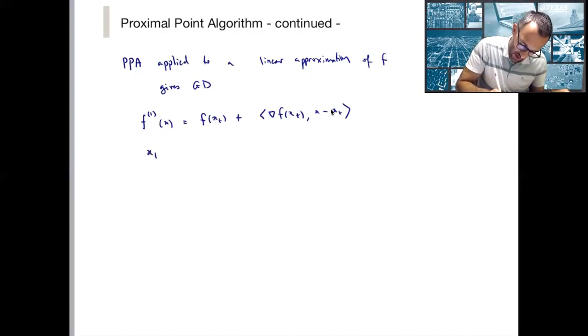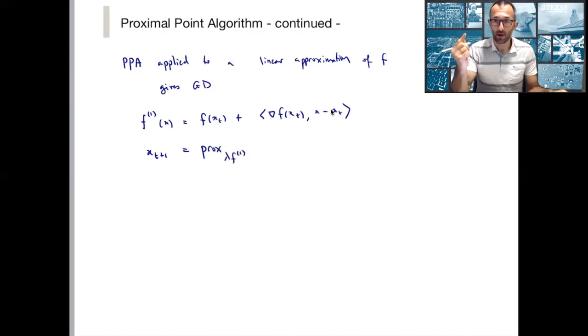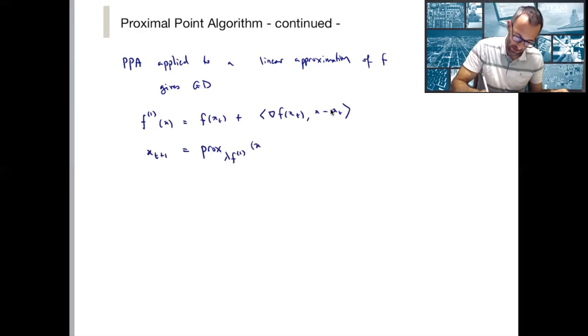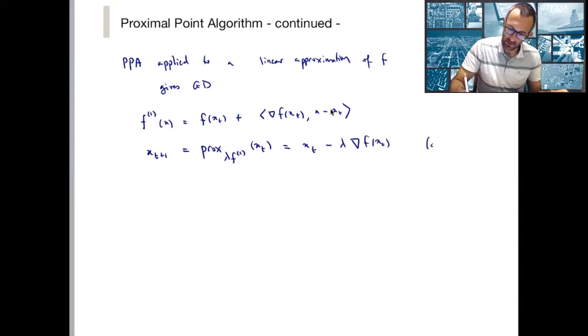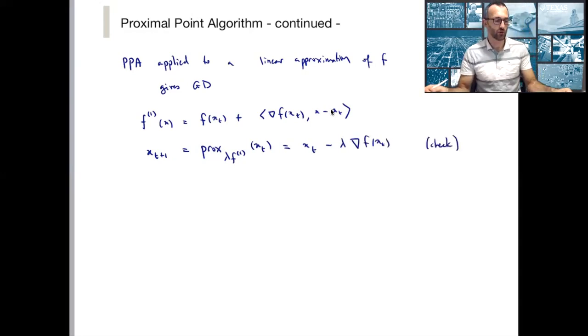And if you now write x t plus 1 is equal to prox of the function f1, my linear approximation at x t, just check that this is equal to x t minus lambda times the gradient of f of x t. Just check to make sure that you remember the mechanics of this. So the proximal point algorithm can be seen as something that can return gradient descent.